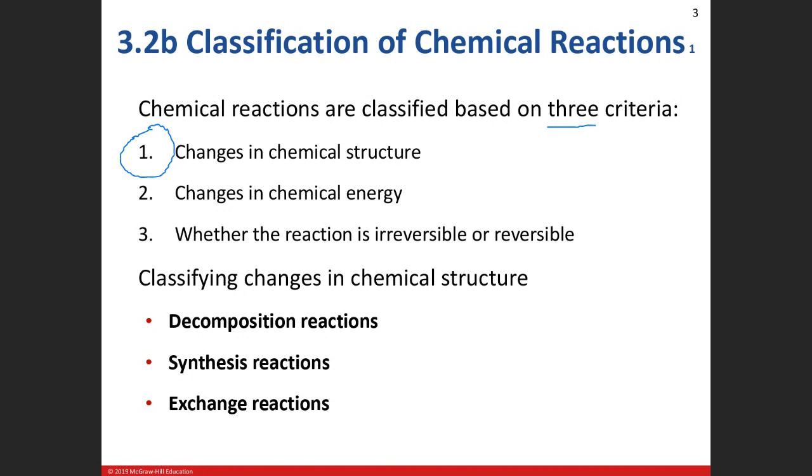So when we're talking about classifying the changes in the chemical structure, there's two reactions that I really want to focus on: decomposition reactions and synthesis reactions. We're really not going to talk about exchange reactions here. Now, if you look at the terms, you're somewhat familiar with these types of reactions.